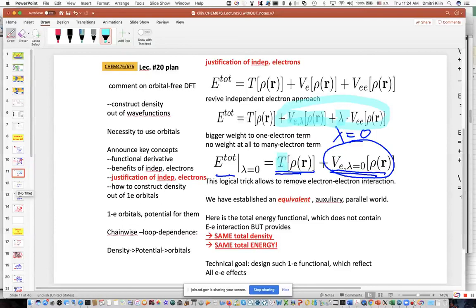Right now, I'm following the Ira Levin textbook in quantum chemistry, Ira Levin.